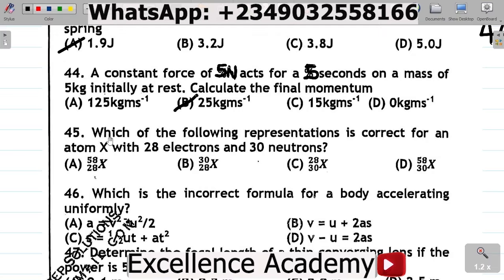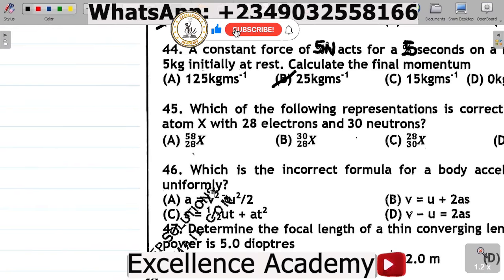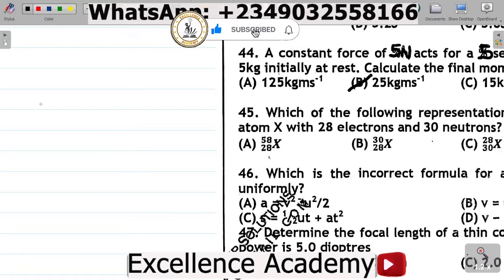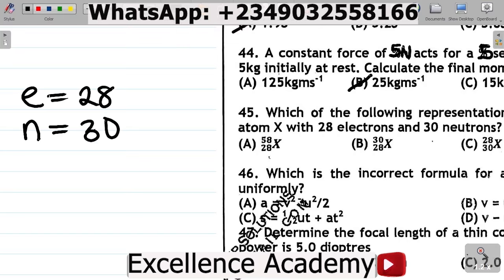All right, question 45 says, which of the following representations is correct for an atom X with 28 electrons and 30 neutrons? Now, how do we solve this? They give you number of electrons E equal to 28, number of neutrons N equal to 30, and the element is X. There's something called a nuclide symbol.